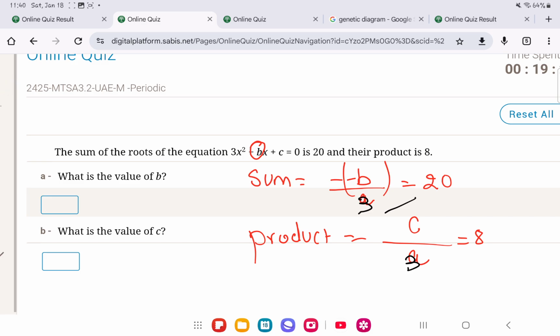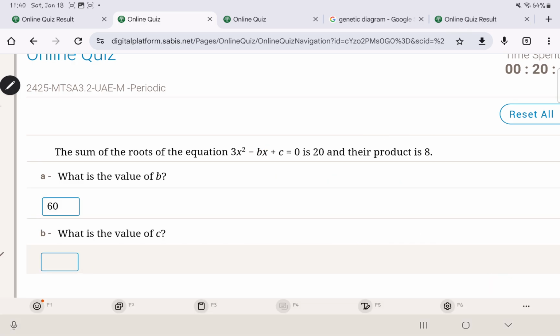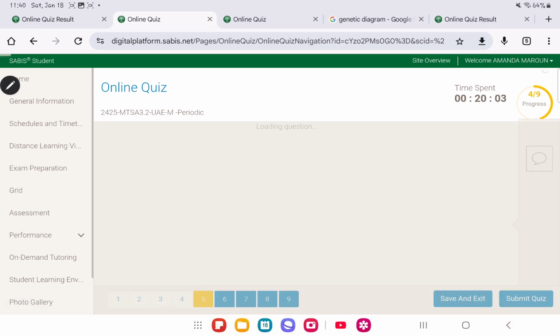And you guys just learn from the mistakes I make. This will help you and will help me in our exams. So minus minus, we get plus b is equal to 60. And for the product, c is equal to 24. So the value of b is 60 and the value of c is 24.